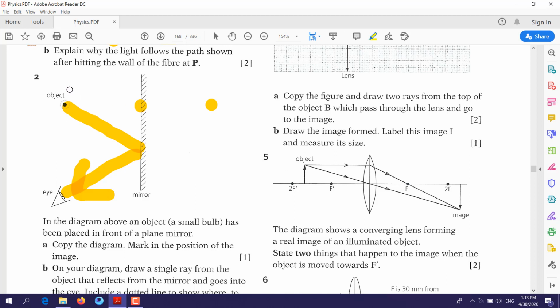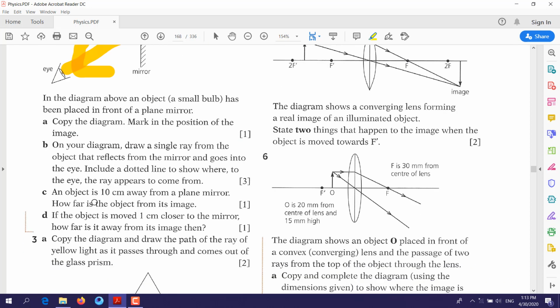Now the question is how much is the distance from object to the image? The answer will be double. So if here it was 5, the distance from object to the image will be 10. In our question, an object is 10 centimeters away from a plane mirror, so the answer will be 20.